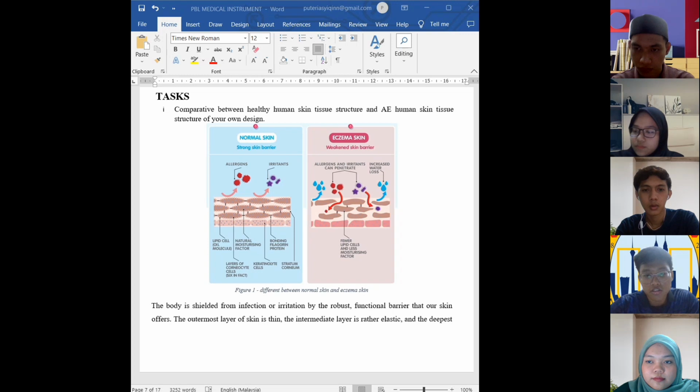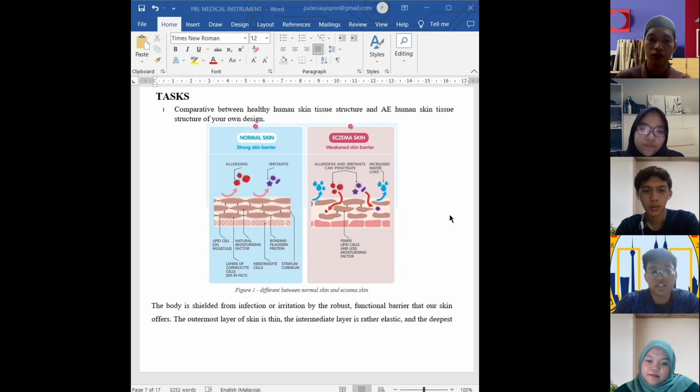For eczema skin, you can see the molecules of the cells are not as tight as normal skin, so it is easier for allergens and irritants to penetrate the skin. If you have the disease, the water loss increases, as shown in the diagram in the report.